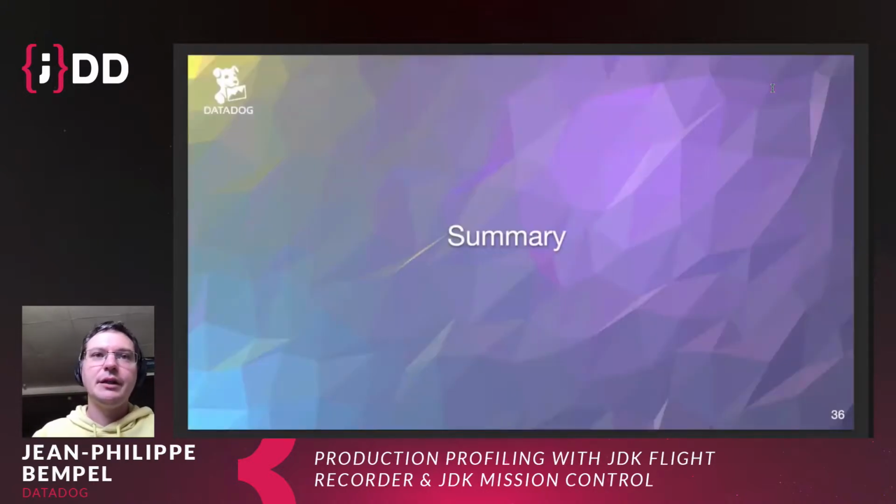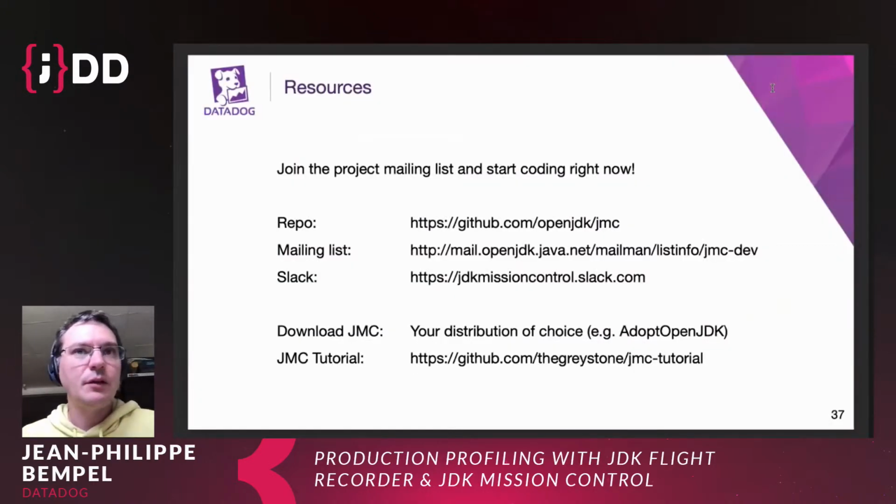So in summary, you have a lot of resources. You have the repo of GMC under the OpenJDK project. You have the mailing list to have information about it and to ask questions. We have also a Slack that is open to everybody.